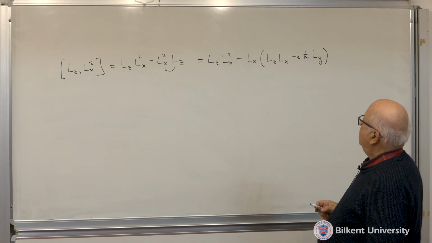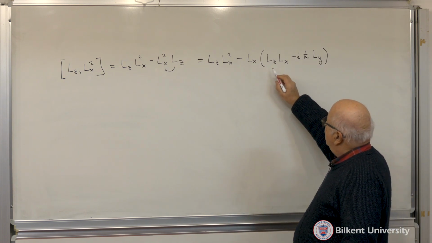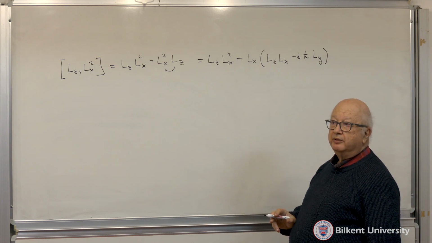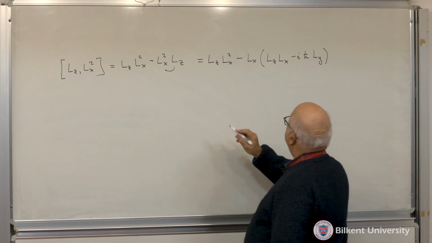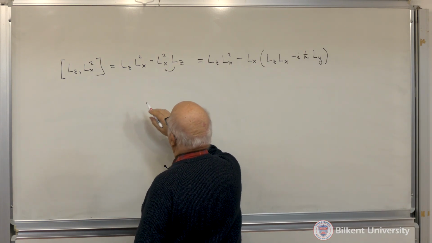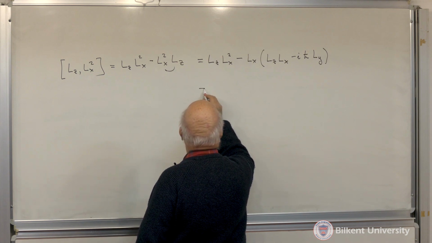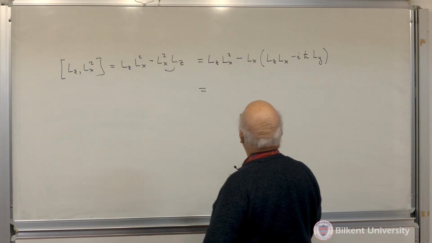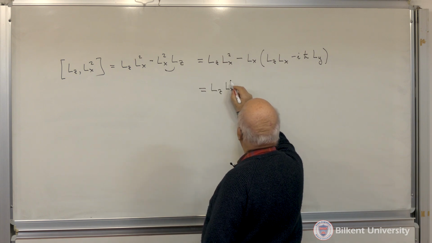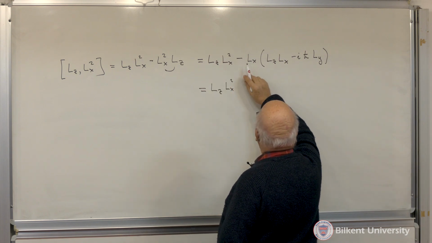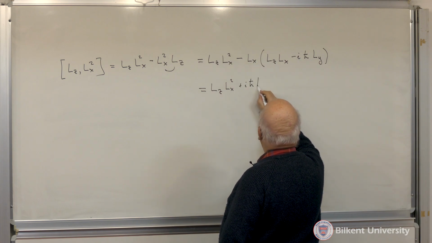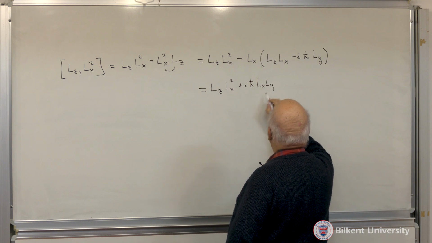Okay, so I am just one step away from getting an Lz Lx squared. So let me just write this out. I'm not sure of the best way of using the board here. So Lz Lx squared, let me write this term, plus i h bar Lx Ly.